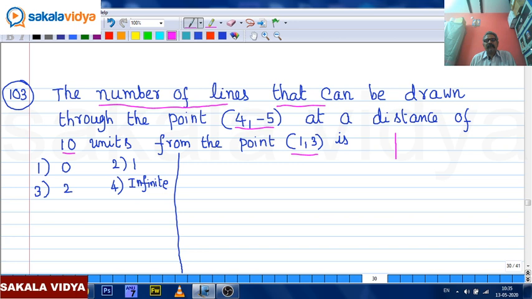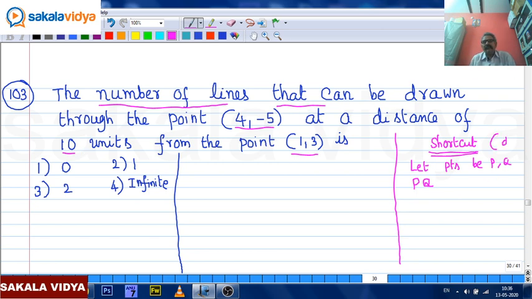I will explain one shortcut for you. These kinds of problems, you apply this shortcut. What is the shortcut? Let the given points be P and Q. Find the distance PQ, and say the given distance is d.